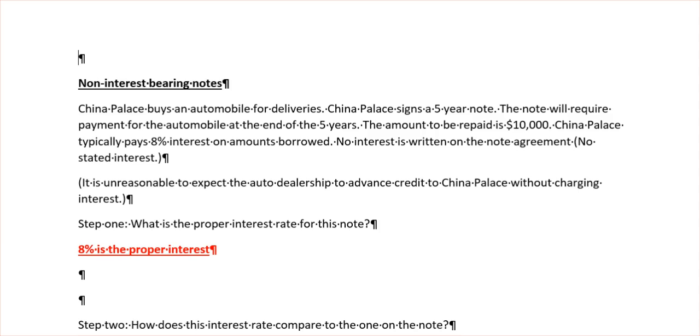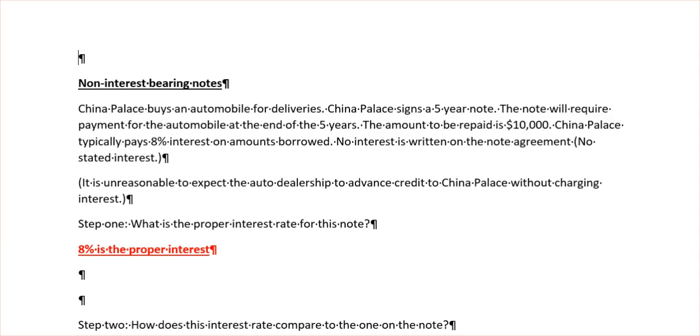We're back to the concept of what we had in the previous chapter. It's just illogical that anyone would do that. So we ask the questions, what is the proper, and another way of saying that is the market rate for the note, and that would be 8%. The second thing to do is say, how does that 8% compare to what is stated on the note?